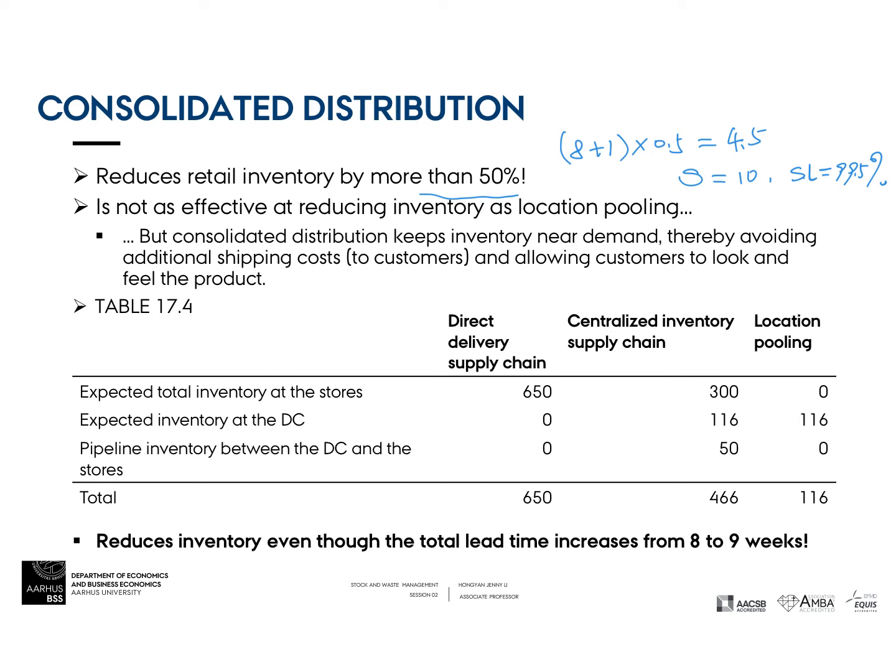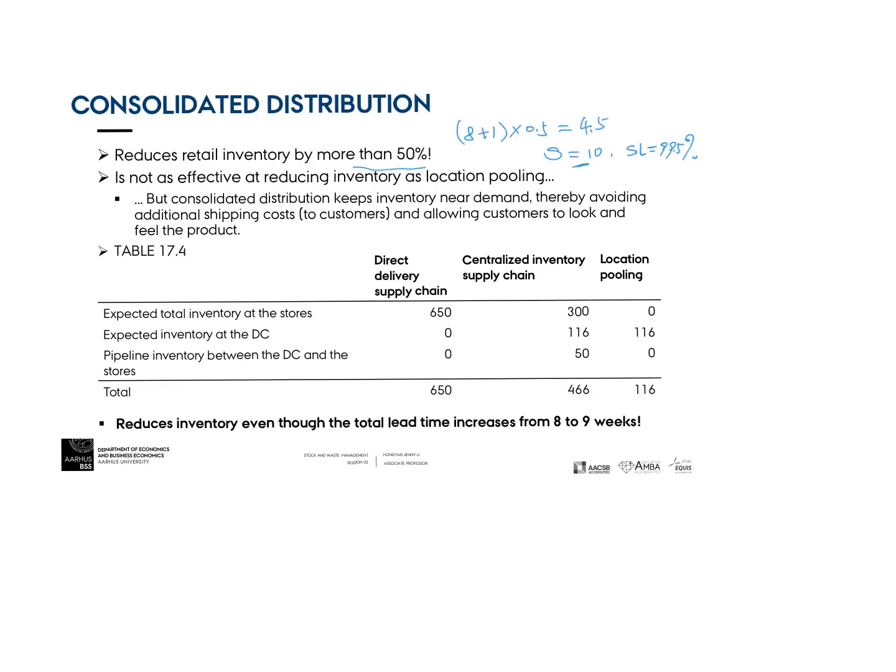Now if we build this centralized distribution center, let's see how this order up to level will change. If you have this centralized inventory position, which is called the retailer distribution center, then the lead time equals 1 now, and the required average demand over lead time plus 1 is 1 plus 1 times 0.5, which is 2 units.